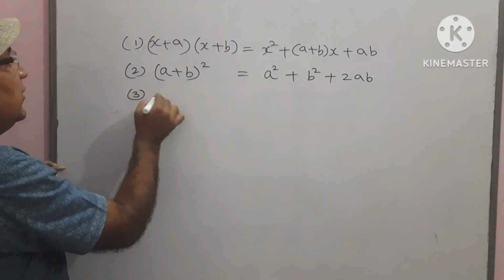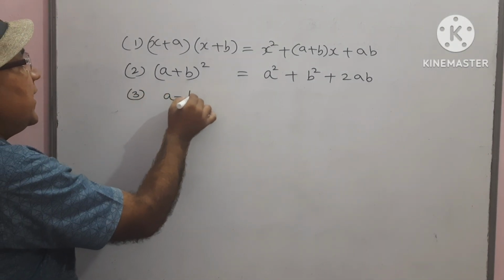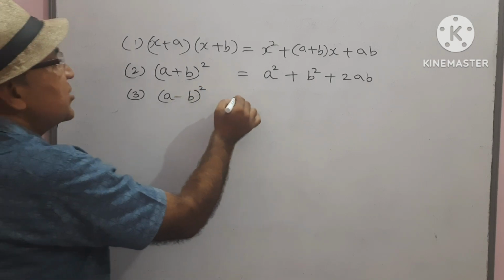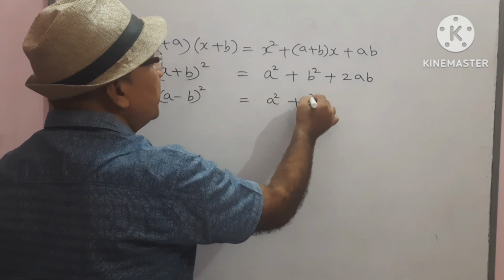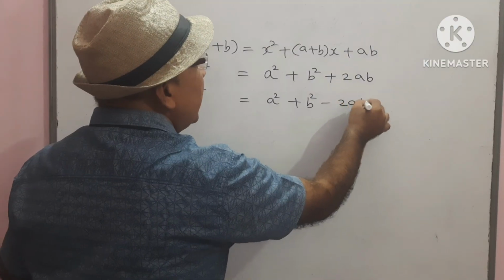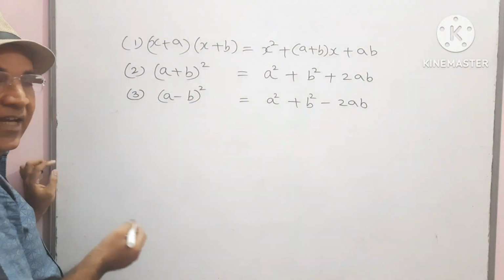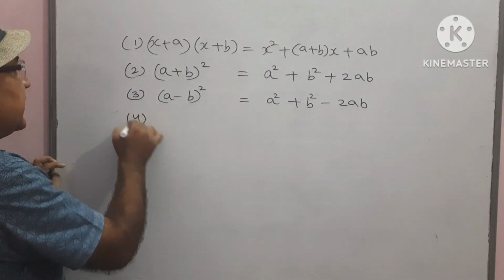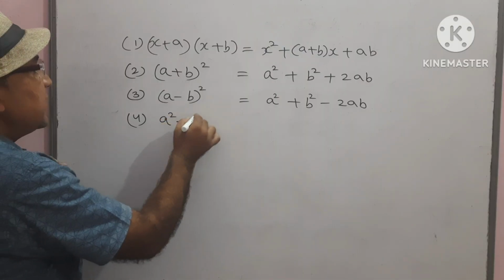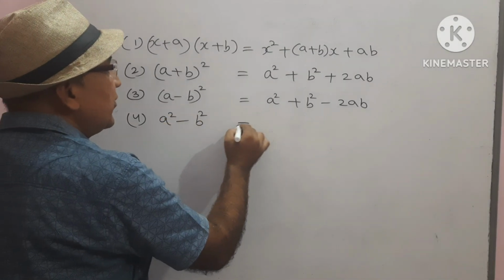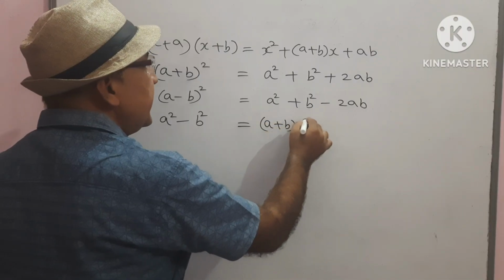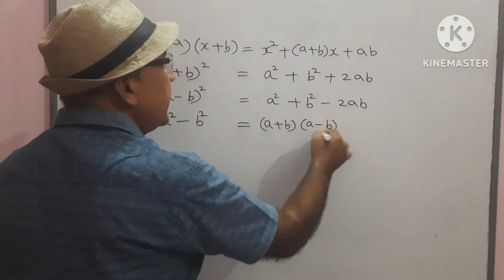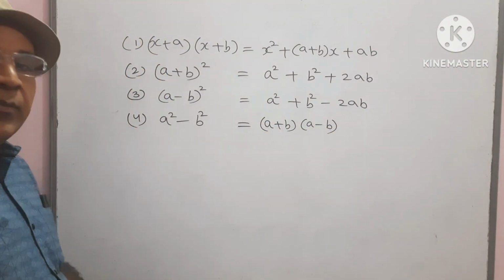Now the third one is (a − b)² = a² + b² − 2ab. And the fourth identity is a² − b² = (a + b) in one bracket and (a − b) in another bracket.